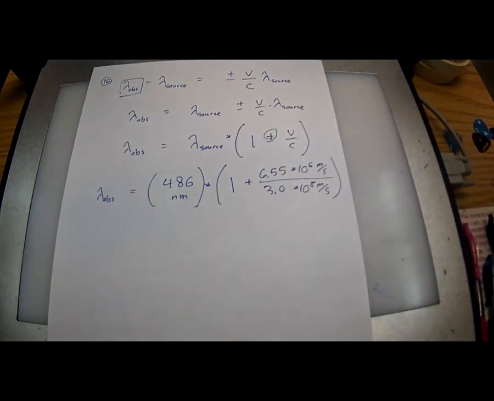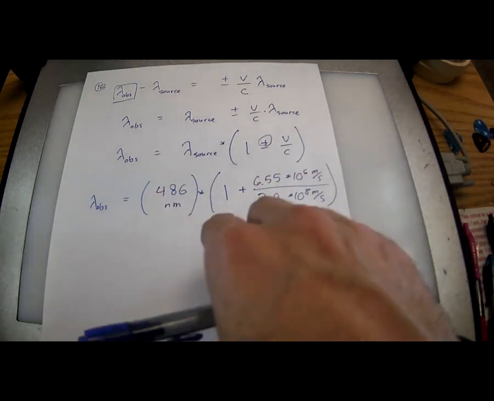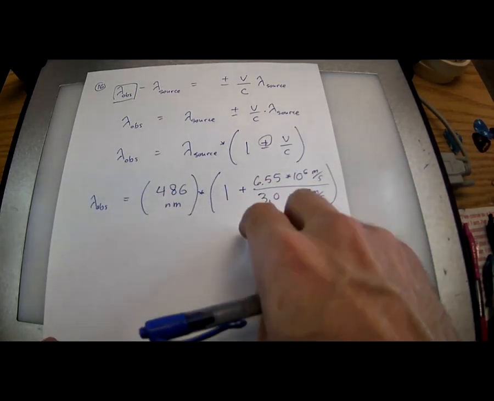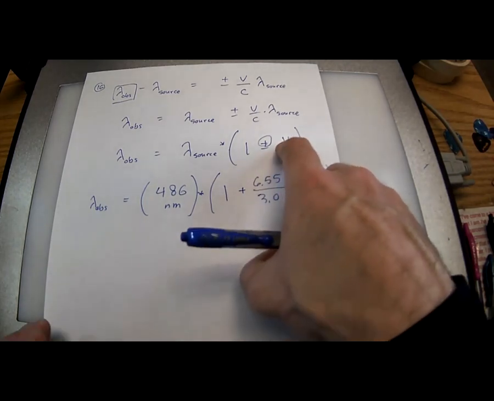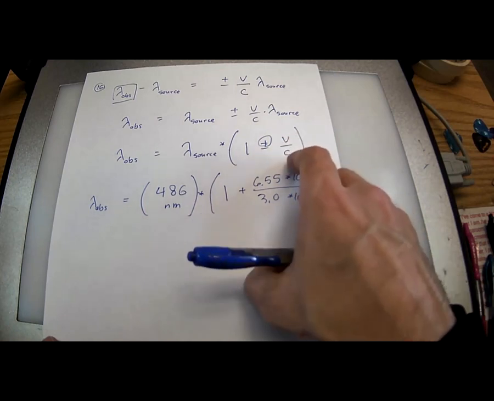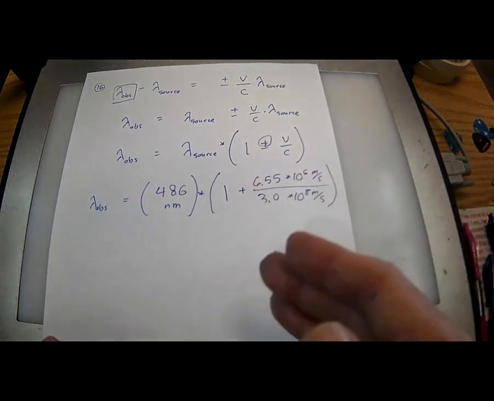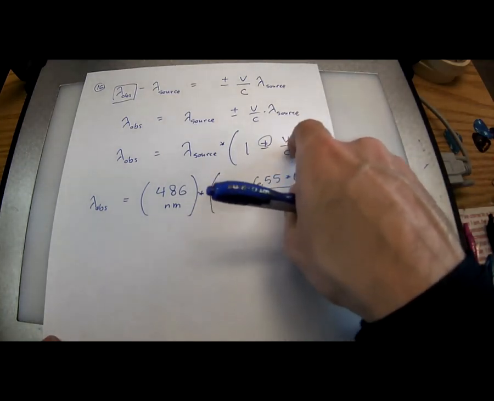Great. That's it. You know what? I want to do a quick side quest before we just plug and chug and get the answer, which you could very easily do. What if something was moving at the speed of light? What if v is equal to c? Maybe that would put us just at the observable limit. Wouldn't this ratio be equal to 1?